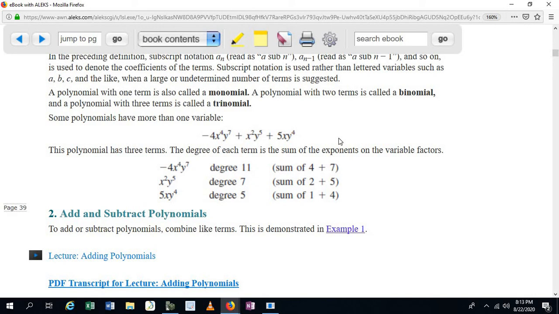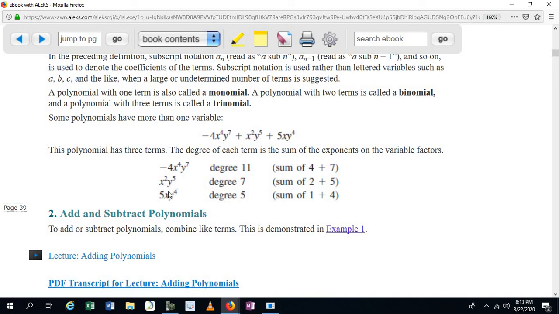Now, the degree of each term in your polynomial is the sum of the exponents on the variable factors. So, for example, the degree of this term right here would be 11, because that's what you get when you add up the 2 exponents on the variables, right? 4 plus 7. This term has a degree of 7, because that's what you get when you add up those 2 exponents.